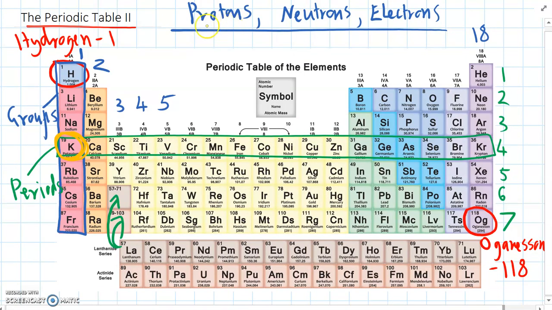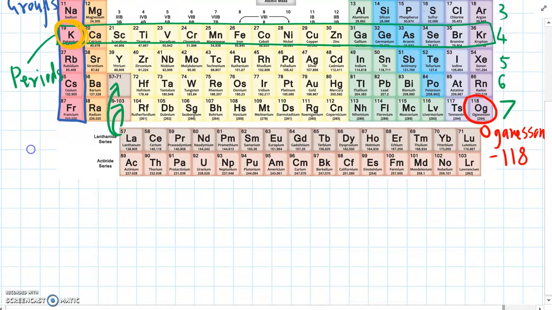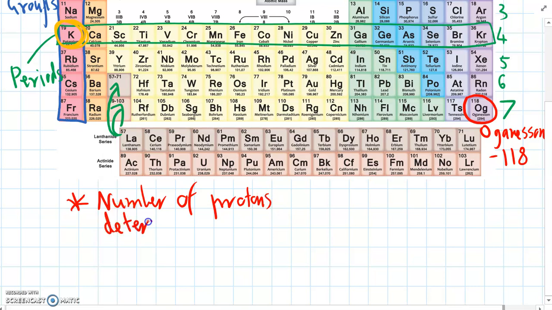So the next thing to think about is how do protons, neutrons and electrons fit in with the periodic table? Well, remember that last video we said protons, and the number of protons, that tells us which element it is. So the number of protons determines the element.